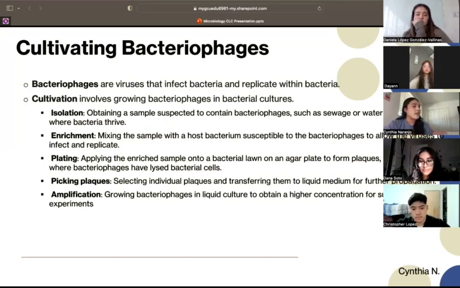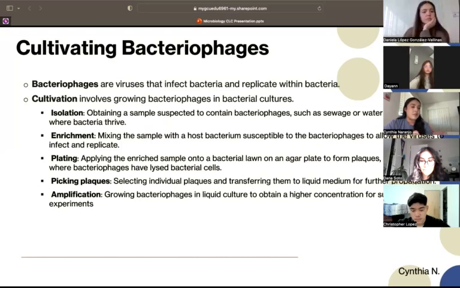Next, we do plating, which is applying the enriched sample onto a bacterial lawn on an agar plate to form plaques, which are areas where bacteriophages have lysed bacterial cells.